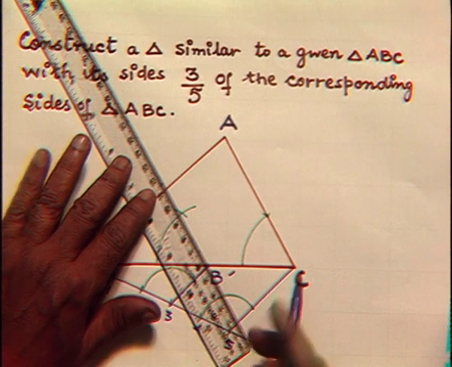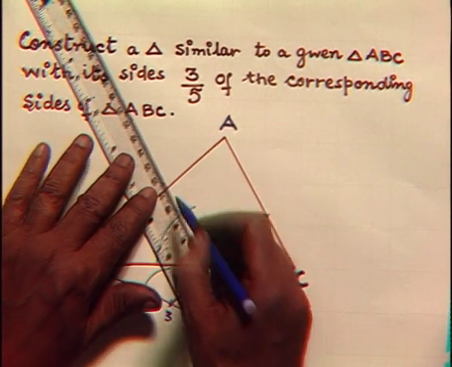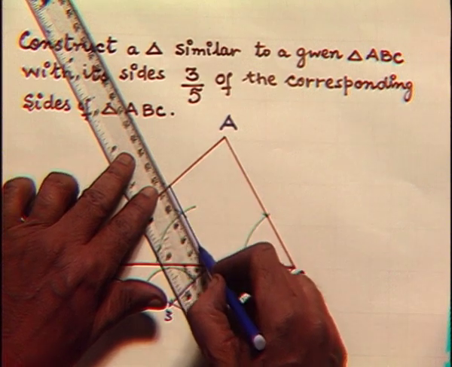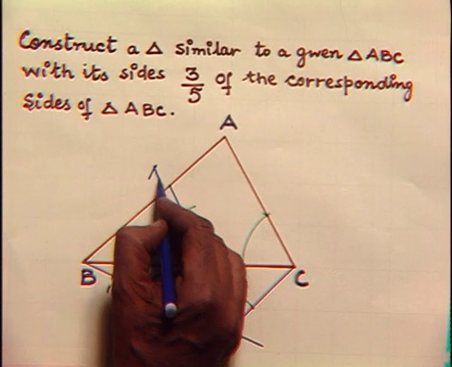Joining B dash to the point of intersection of the two arcs, we get a point A dash.